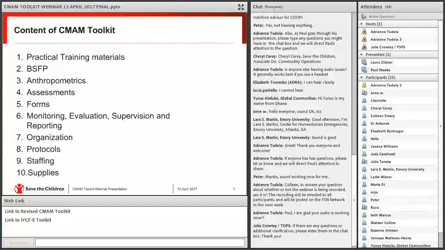Basically outlining what we believe are most of the training components for CMAM implementation that can be used for both managers and field implementers. Then another interesting bit that was proposed is a blanket supplementary feeding program, which is increasingly being used, maybe not in many places, but most of the time during the initial phase of an emergency.